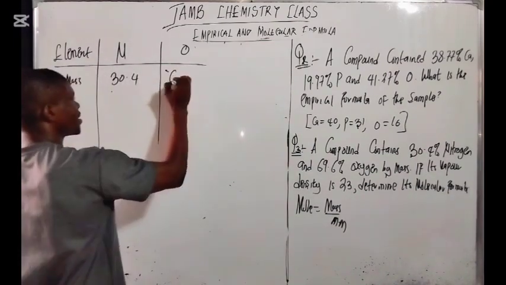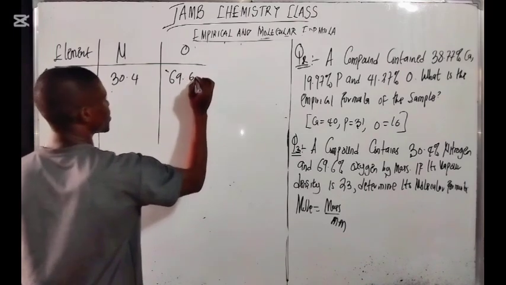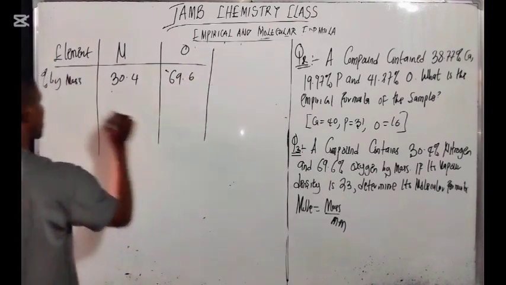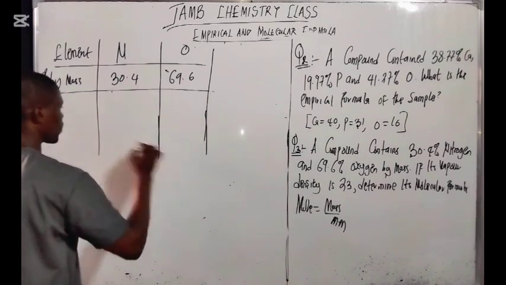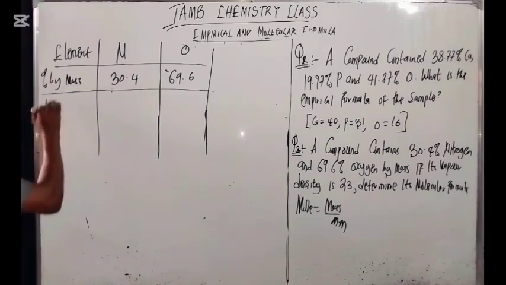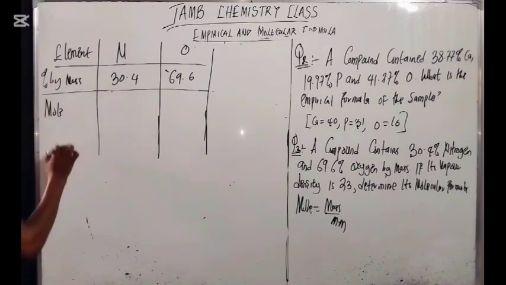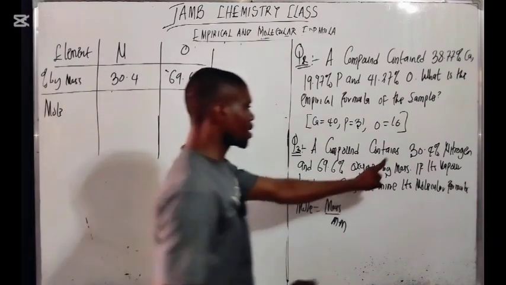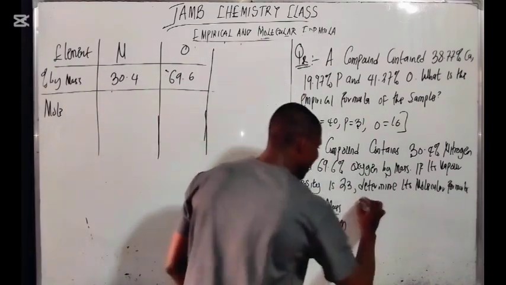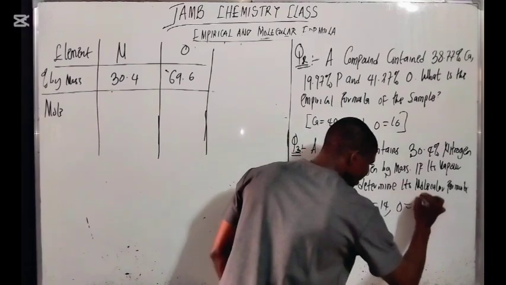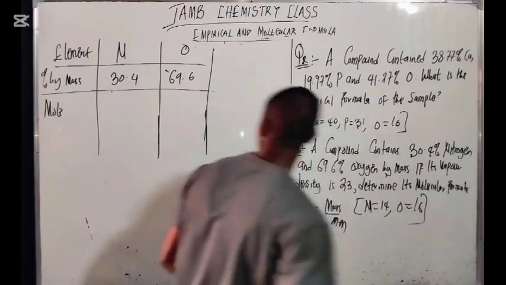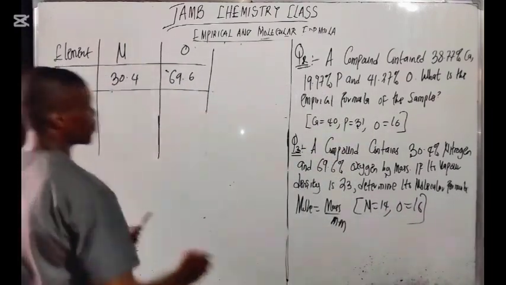Oxygen is 69.6. So let's look at the mole, right? Now, what is the atomic mass of nitrogen? Nitrogen is 14. Oxygen is 16. That's what you want to understand there.